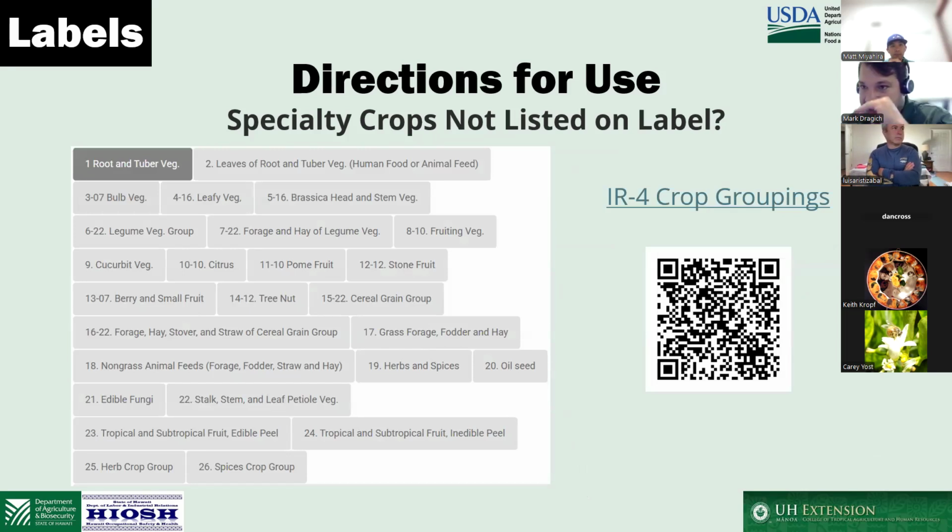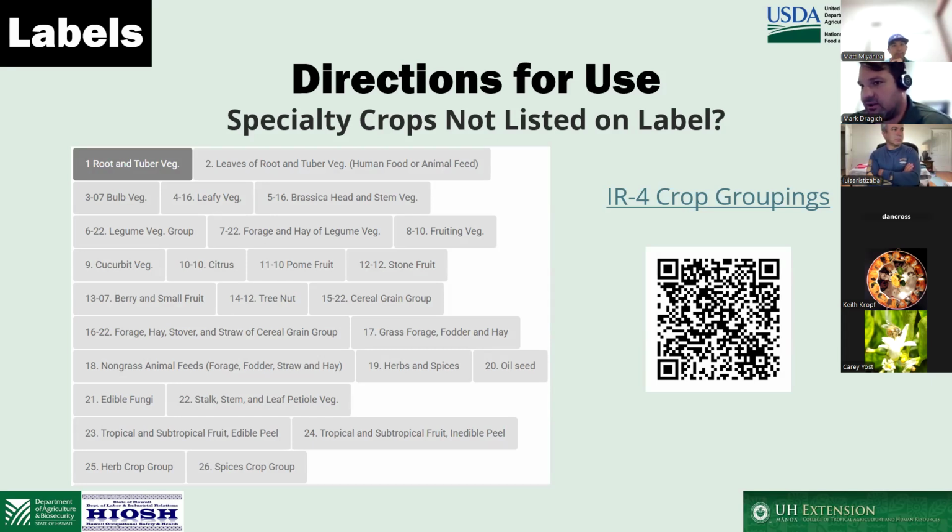If you don't see your specific crop on a label, you may want to check the IR4 crop groupings, if they have "group such and such crops" on the label. IR4 is Interregional Project 4. We have a team here at UH. They do minor crop registrations, which is most of what we do in Hawaii, since most of our crops are minor crops. It's really hard to find your crop on a label because they only say corn, soybeans, and wheat, right?